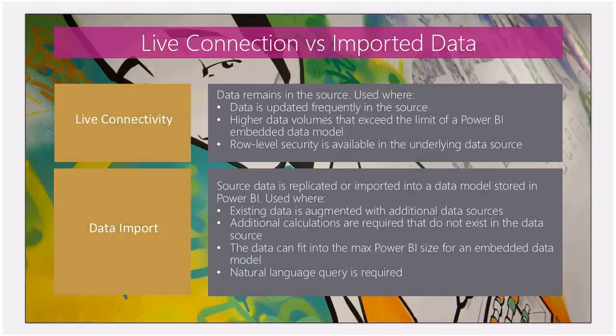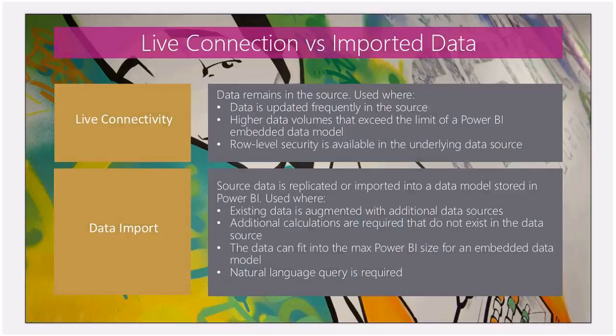You can perform additional calculations on the data that don't exist in the data sources. I've mentioned there that the data needs to fit into the maximum Power BI size for an embedded data model. There's also a natural language query service within Power BI itself, and you need to use the data import in order to use the natural language query service, and we may have a moment to take a quick look at that during the demo a little later on.